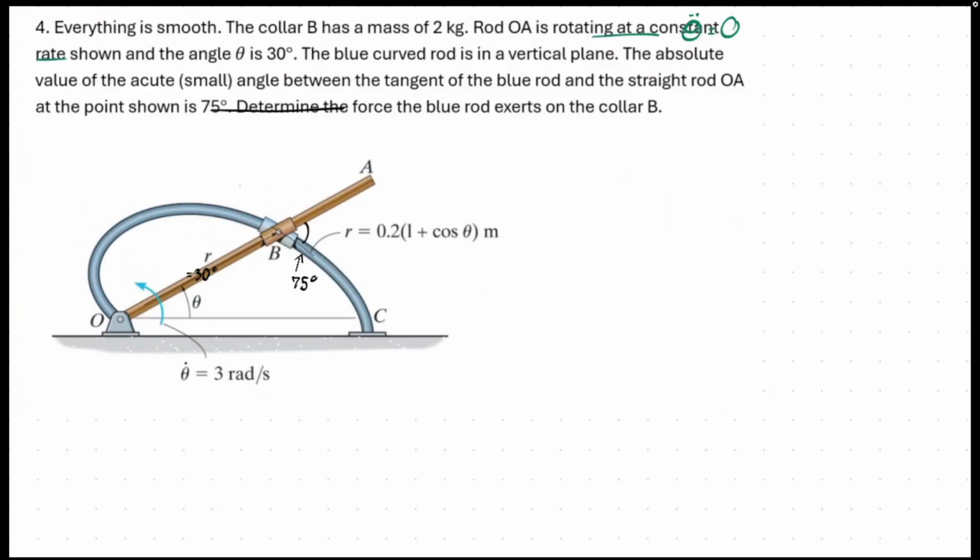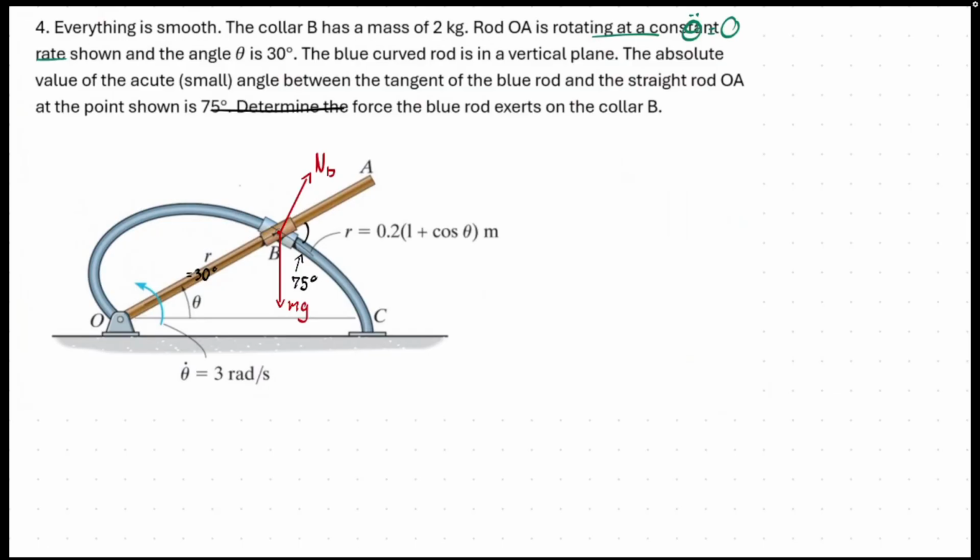So what's the first thing? Is there an action at a distance, right? It said it's in the vertical plane, so gravity is definitely acting on this. So I'm going to draw gravity going straight down here, and that's mg. What else do we have? We have the normal force, or the contact forces from these collars, right? The one that's normal to this blue rod is going to be going this way, perpendicular to the blue rod, and that's the normal of the blue.